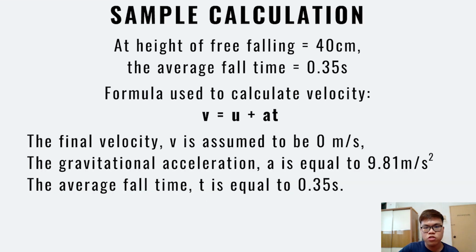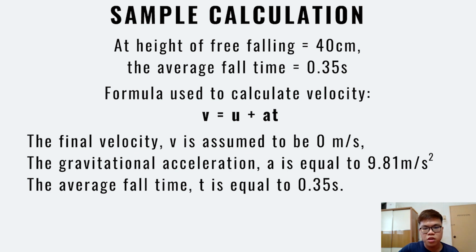For the sample calculation, we have taken the height of free falling equal to 40 centimeters. From there, we have calculated the average fall time to be 0.35 seconds. The formula used to calculate velocity is V equal to U plus AT. In the formula, the final velocity V is assumed to be 0 meter per second.